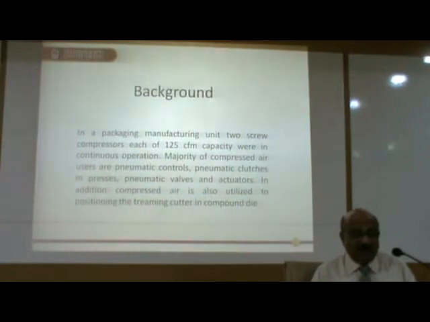The background was, in a packaging manufacturing unit, 2 screw compressors, each of 125 cfm capacity, were in continuous operation. The majority of compressed air users are pneumatic controls, pneumatic clutches, pneumatic valves and actuators. In addition, compressed air is also used to position the trimming cutter in a compound die.